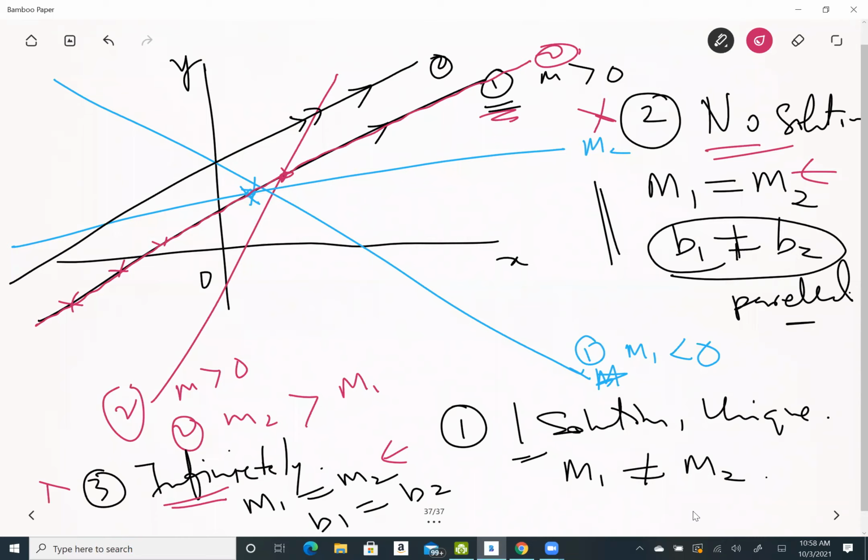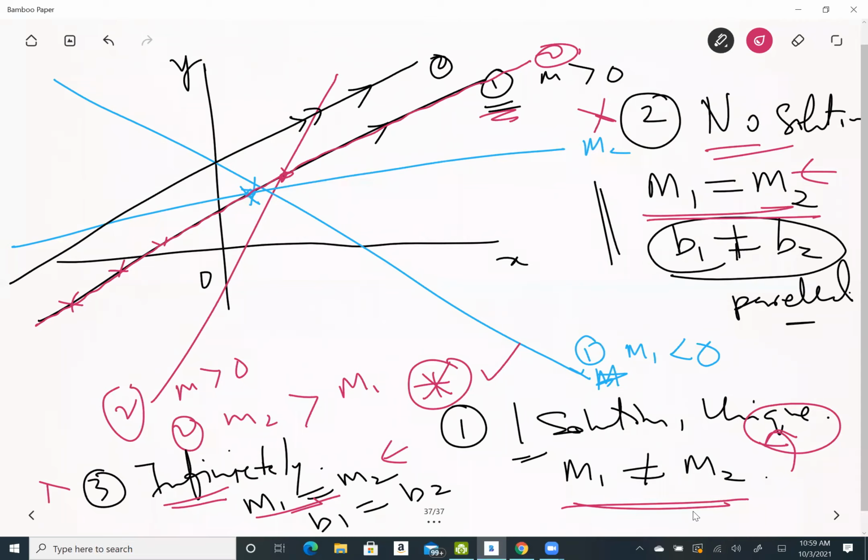The most important one is where you have one solution. So this is the one that we are focusing on. There will be only one solution. So when you solve a system and you see the slopes are not equal, then there will be only one solution. If the slopes are equal, don't worry about that. It's either no solution or infinitely many solutions, and we are not interested in that.